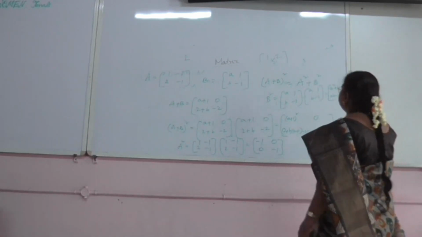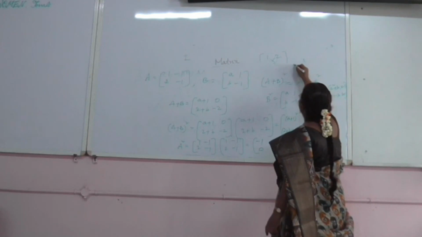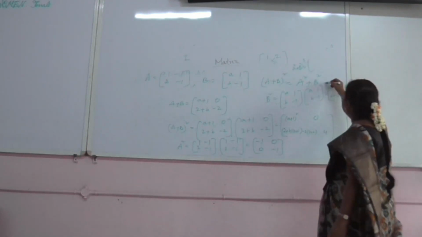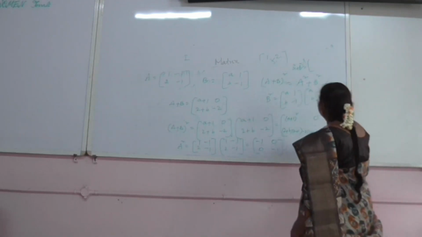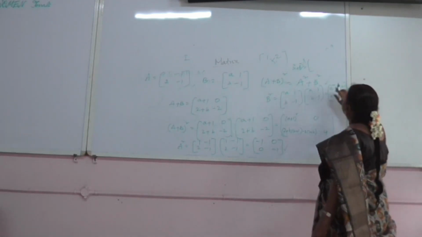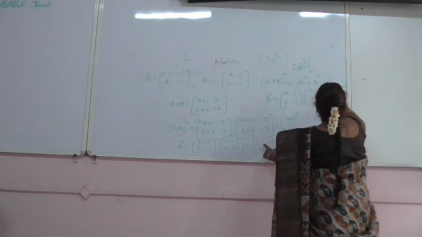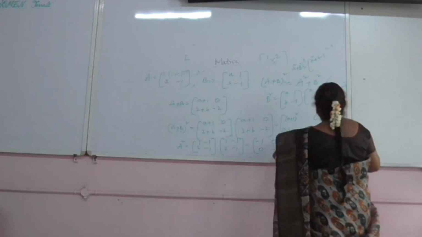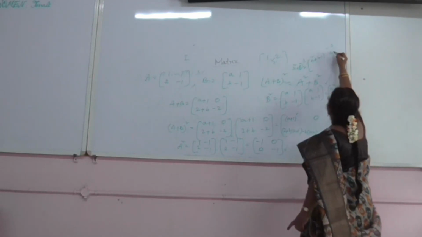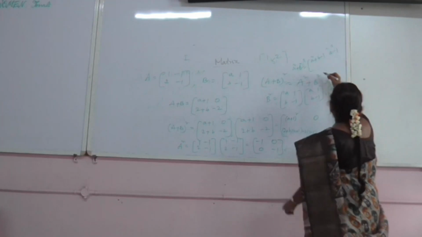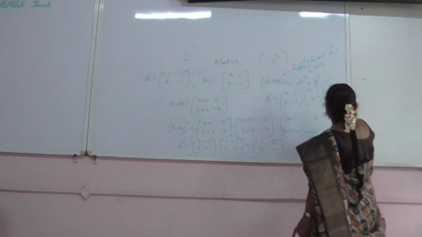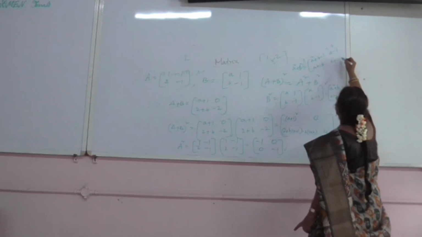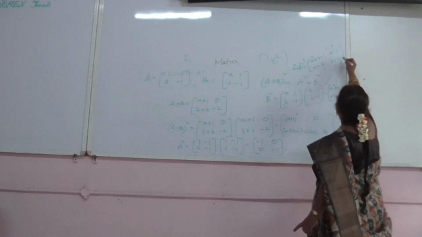Then A square plus B square equal to this is B square and this is A square. A square plus B square: a square plus b minus 1, a minus 1, ab minus b, b plus 1 minus 1. This is A square plus B square.